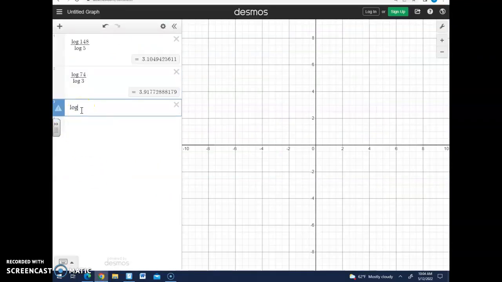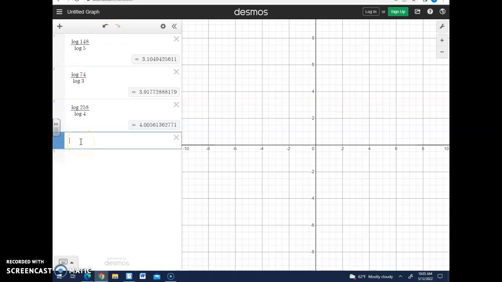And I get log 258 divided by log 4, and I get 4.01. In case you're wondering, 4 to the 3rd is 64, 4 to the 4th is 256, and 4 to the 5th is much bigger than 256. So if I'm at 258, I should be slightly higher than 4, and I am at 4.01.